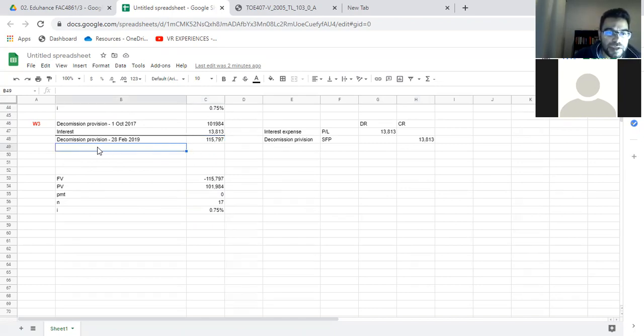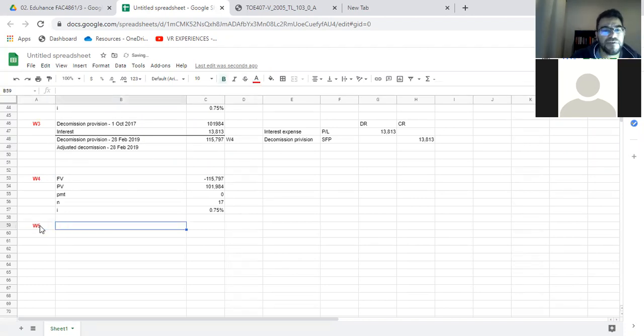So this year, the adjusted decommission provision at 28 Feb 2019 is as follows.